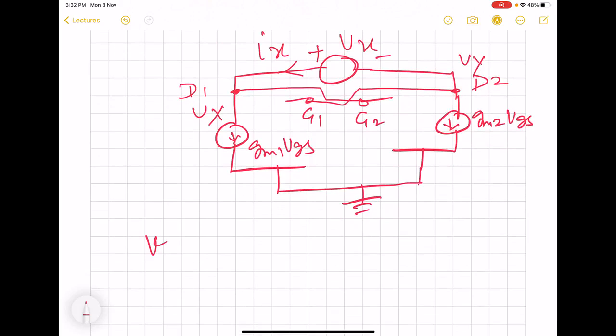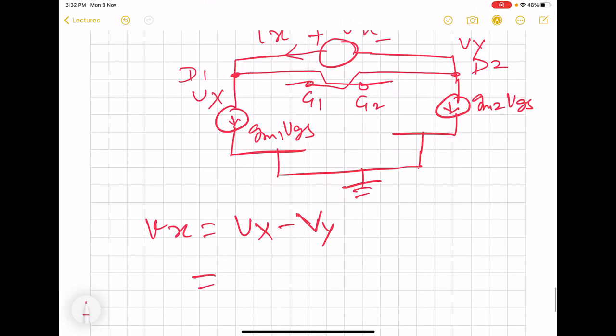So we see that Vx is equal to Vx capital minus V capital Y. And this Vx is basically the voltage of gate 2. So this Vx basically becomes Vg2 and Vy is gate 1, Vg1.